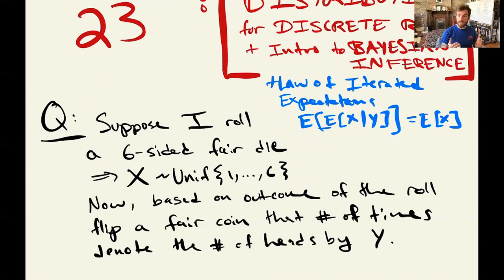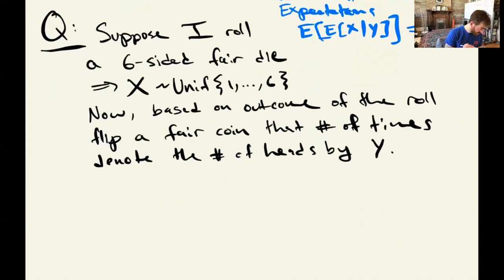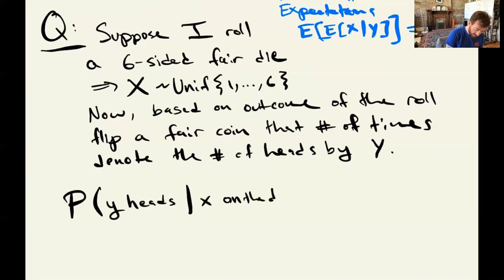So let's remind ourselves how this distribution works. And so let's go ahead and define it as what is the probability of a certain number of heads. I'll call this y heads, given x on the die roll. Well, again, x tells us the number of times we flip. And so I'm asking, what's the probability of y heads? Well, I need to choose y of those flips.